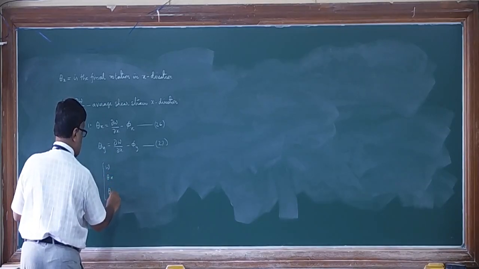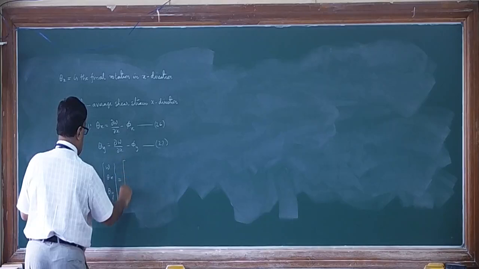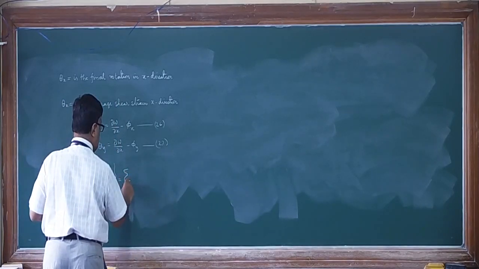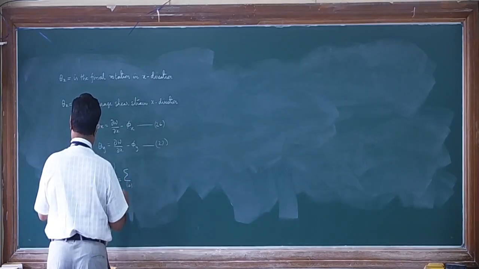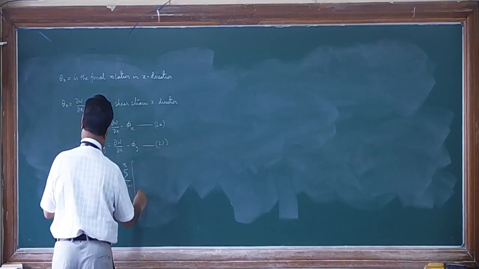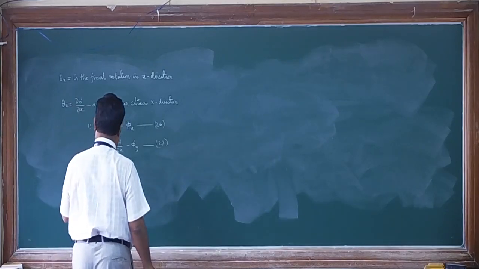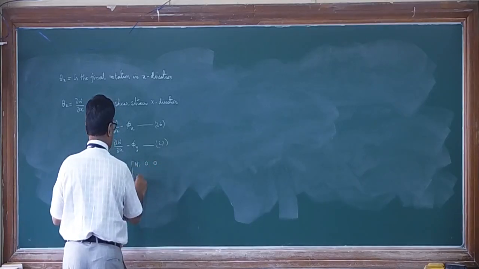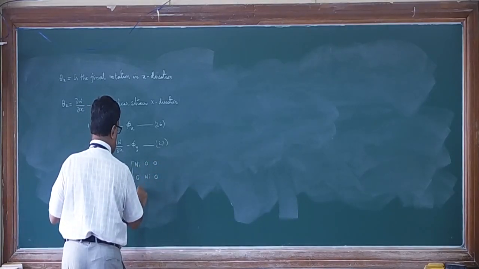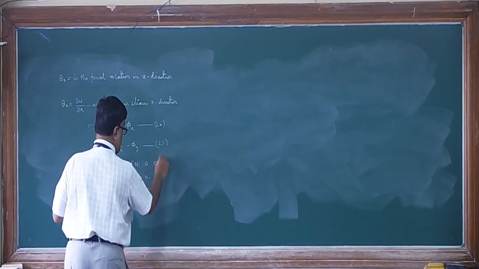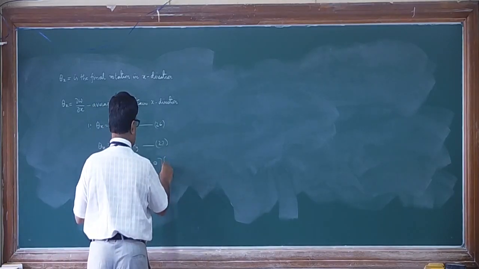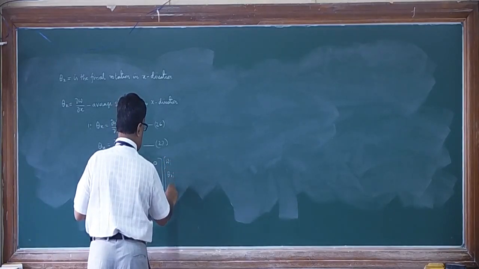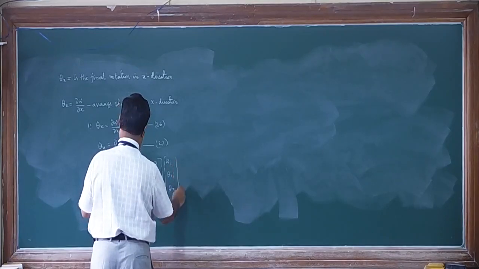And the three parameters w, theta x, theta y are related by our shape functions over the summation i equal to 1 to n, where n is the number of nodes in the element: Ni 0 0, 0 Ni 0, 0 0 Ni, times wi, theta xi, theta yi.